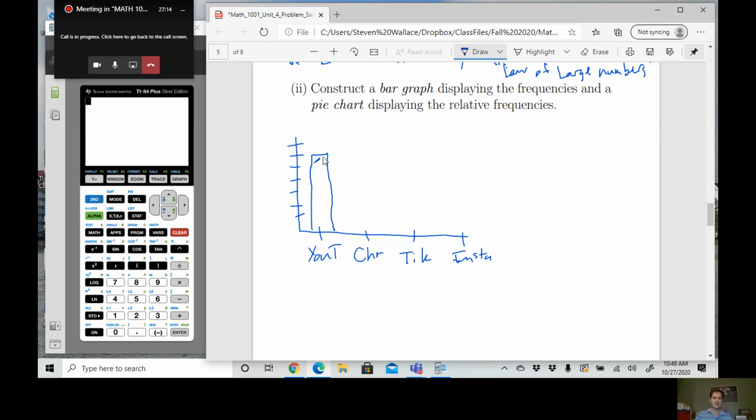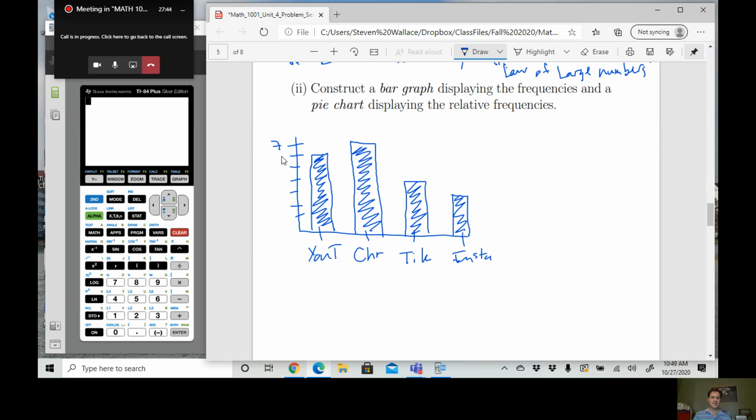So YouTube got 6, Chrome got 7, TikTok was 4, Instagram was 3. Okay, if I rearrange these so that they go from highest to shortest, that's called a Pareto chart, but anyway, that's not a big deal.